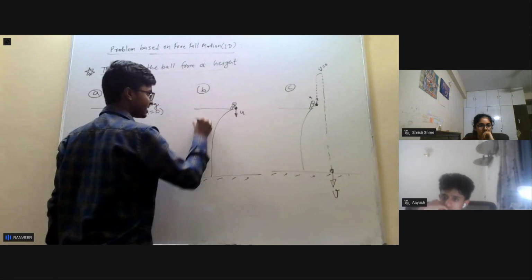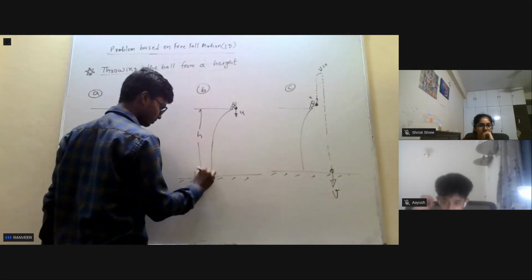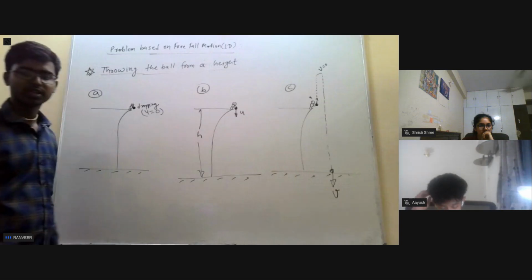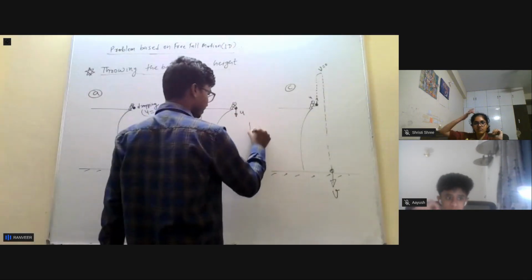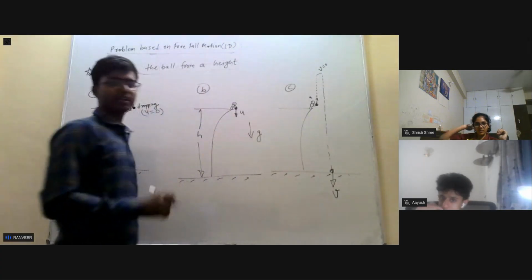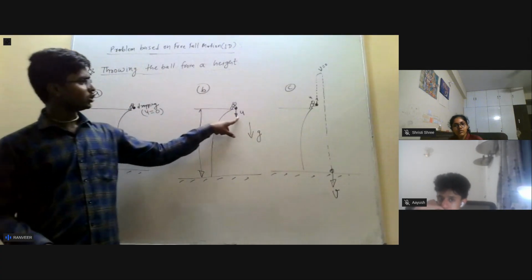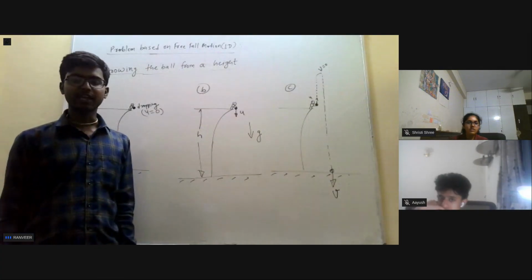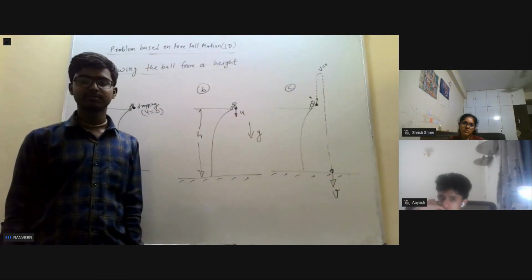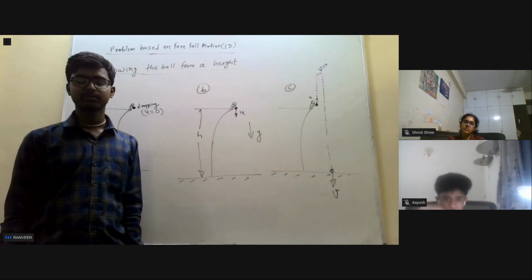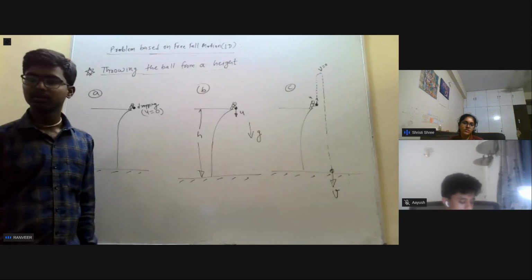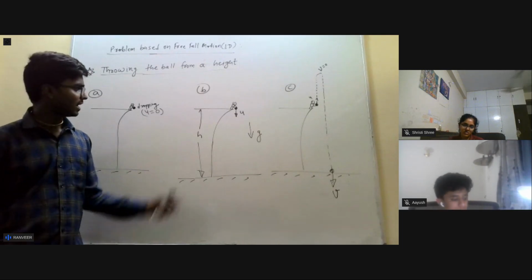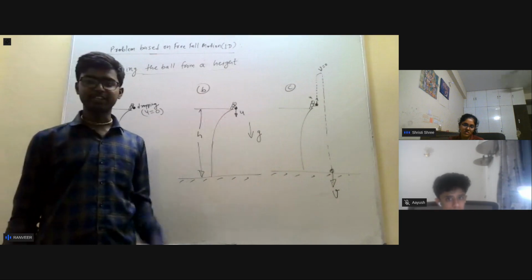If the height is h, and u is given, you already know that g is always downward. You know h, u, g. Can you calculate the time? Which formula? s equal to ut plus half at square.